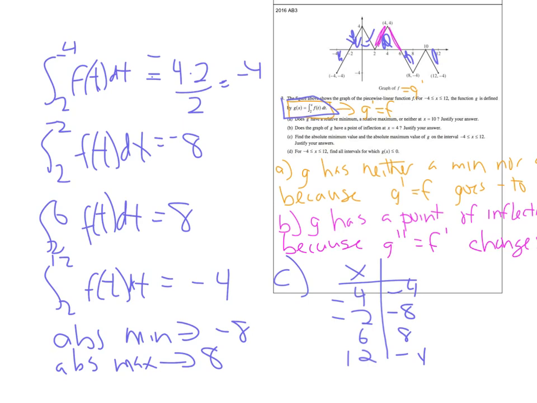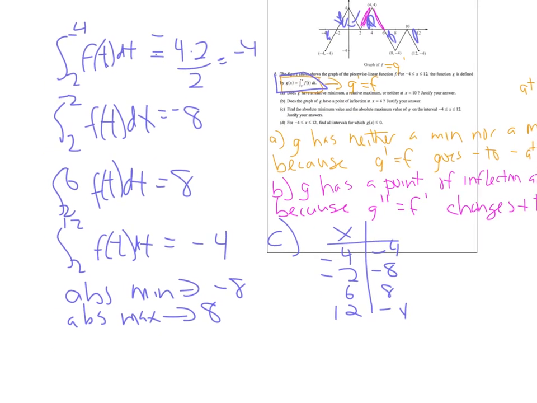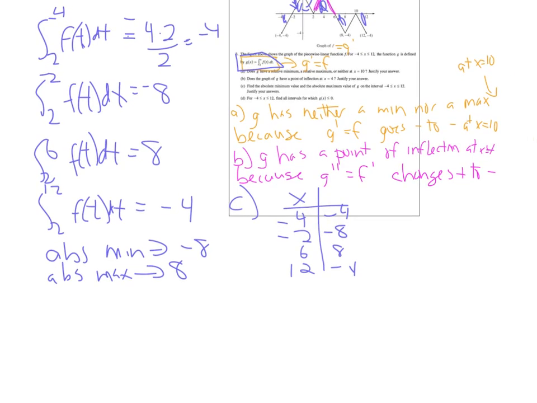For negative 4 to 12, find all intervals for which g of x is negative. So it's less than 0 is negative. That means I must consider, I know g of x is negative from negative 4 to 2 at least, but then we're still negative until we hit 2.